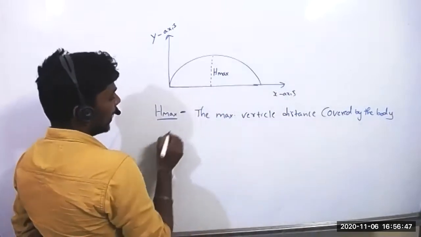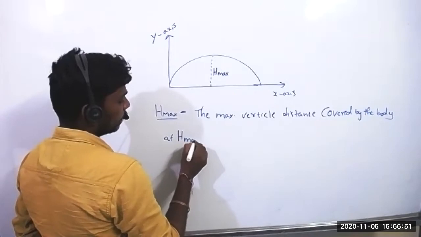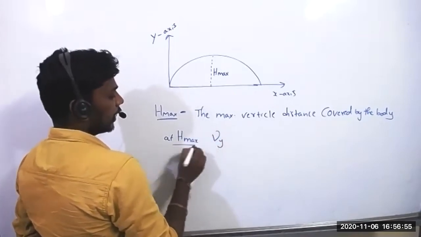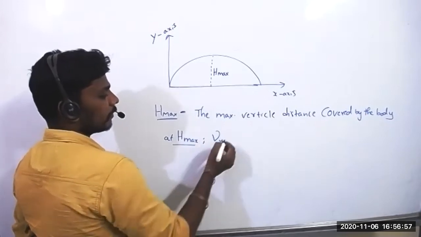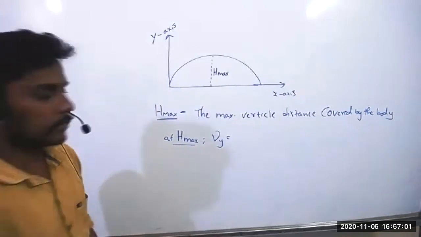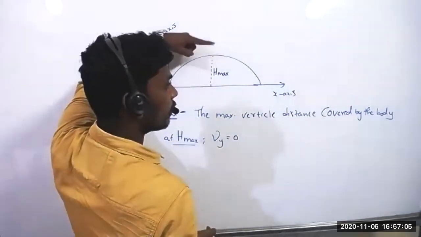Okay, at maximum height, at h max, what is the Vy? It is 0, because at maximum height the vertical velocity is 0.